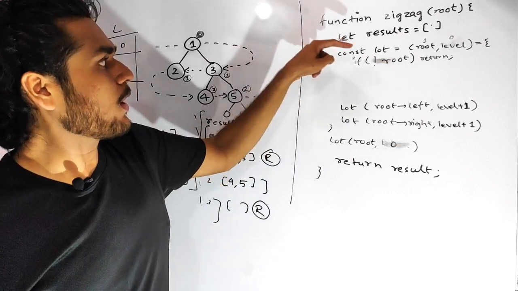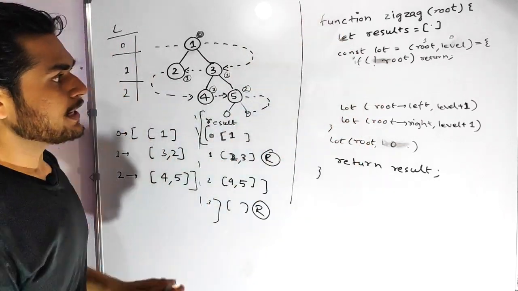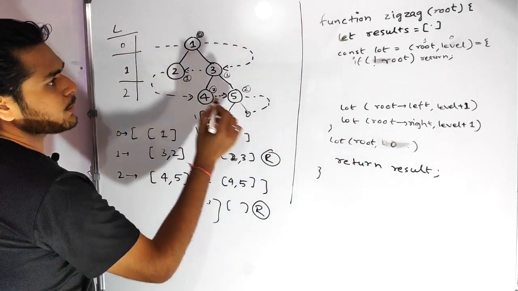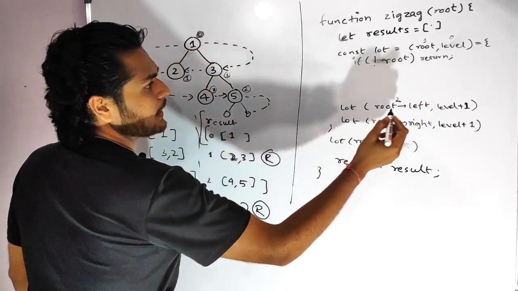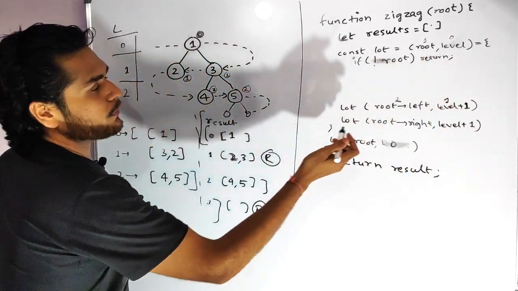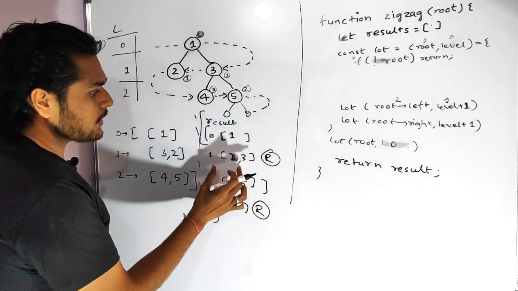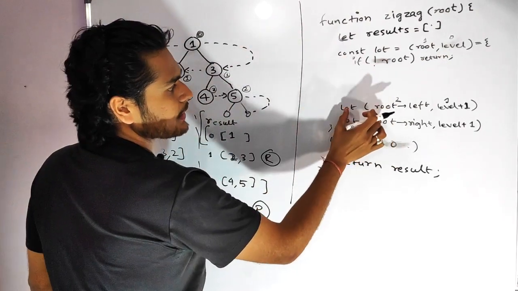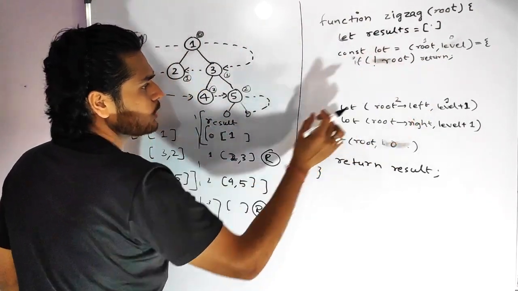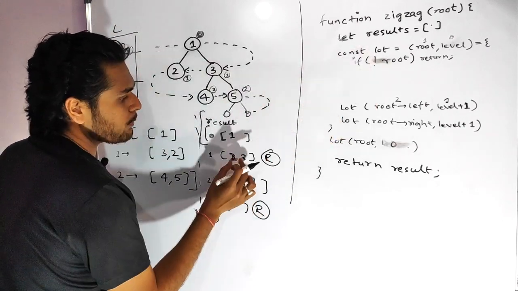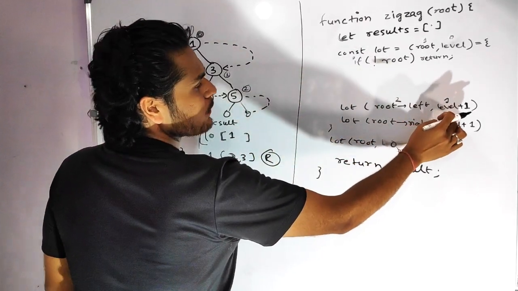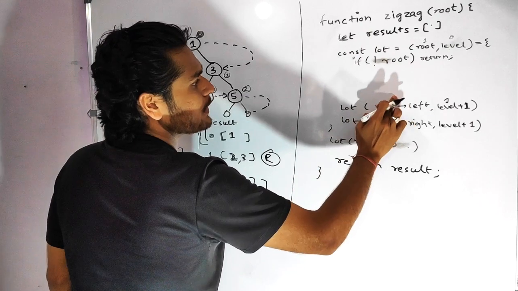And then what will happen? This function will be called again with root.left. This time the root.left will be 2 and the level will be 1. And we will again put the 2 when this function is called again for 2, so that 2 will be pushed into the bucket of level plus 1. So how will we do that?